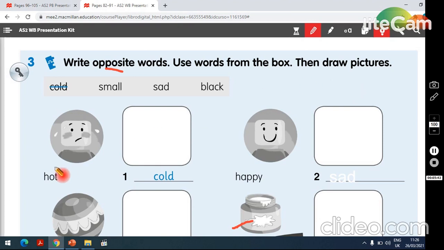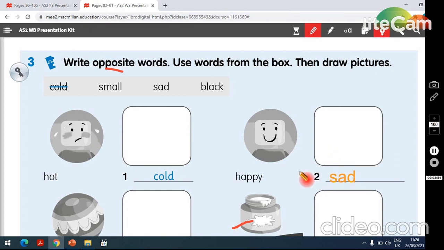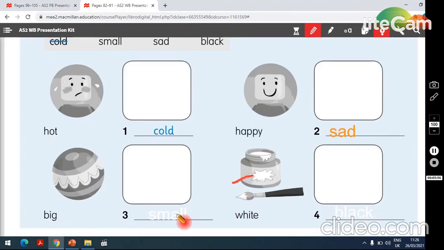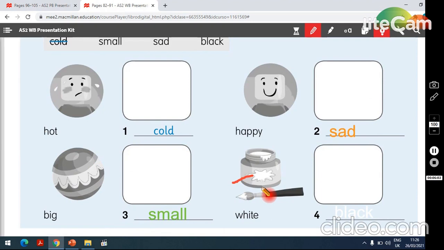Here we have hot and cold. Now draw a picture. Happy and sad. And here you have to draw a picture. 3: big and small. Now draw a picture. 4 is your homework.